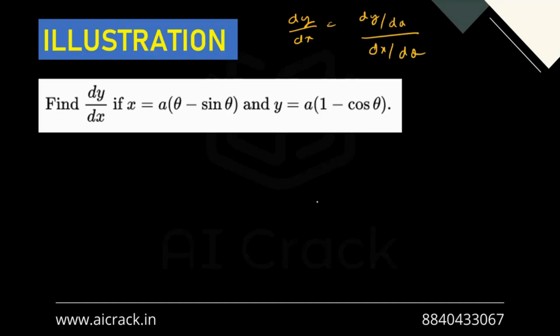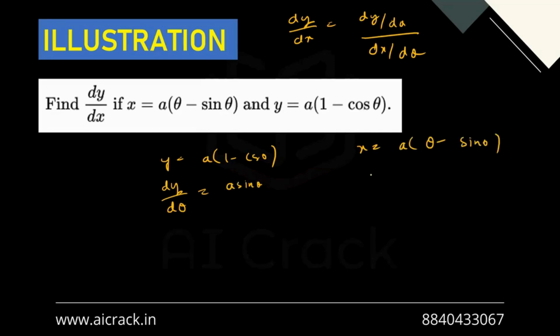Now dy by d theta, we have y equals to a times 1 minus cos theta, right? So dy by d theta, that would be a sine theta, right? And we have x equals to a times theta minus sine theta. So dx by d theta, that would be a minus a cos theta. That gives us a times 1 minus cos theta.